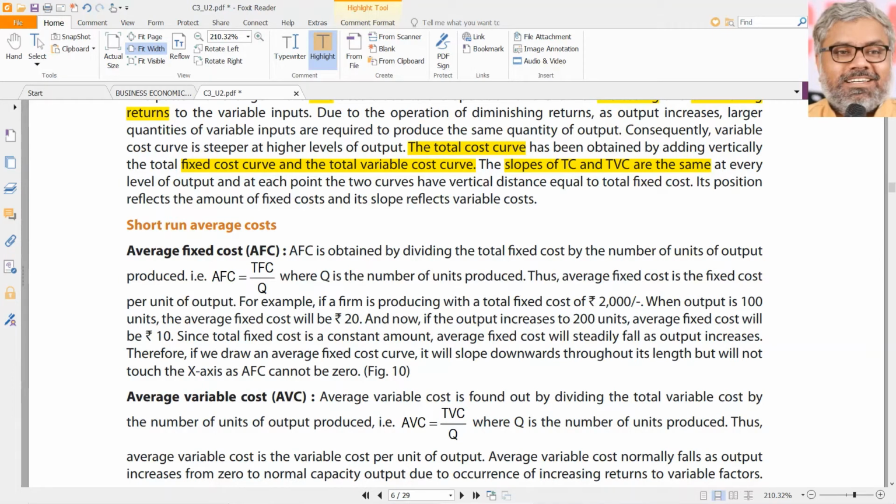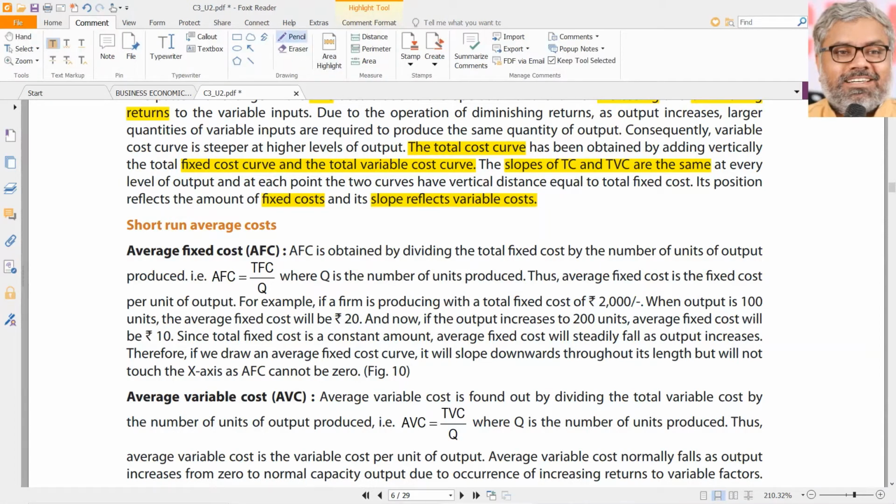And its position reflects the amount of fixed cost, and its slope reflects the variable cost. That's what we are talking about. Position reflects the amount of fixed cost. Position means where is it starting? The total cost is starting where? Is it starting here or here? That reflects the fixed cost component. Slope means like this. Is it a little flatter?